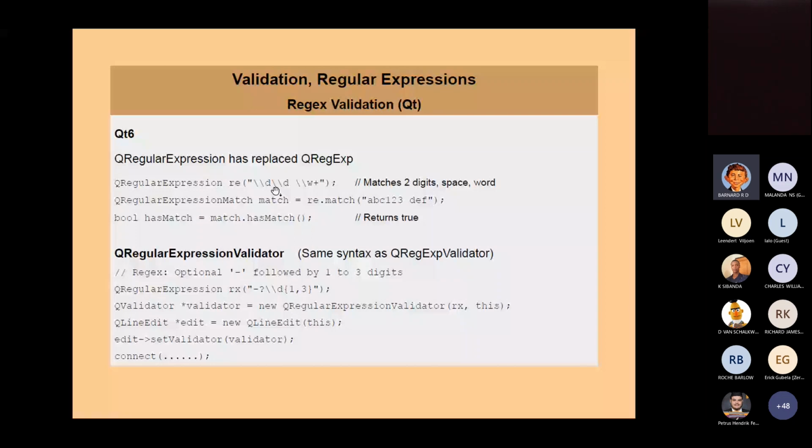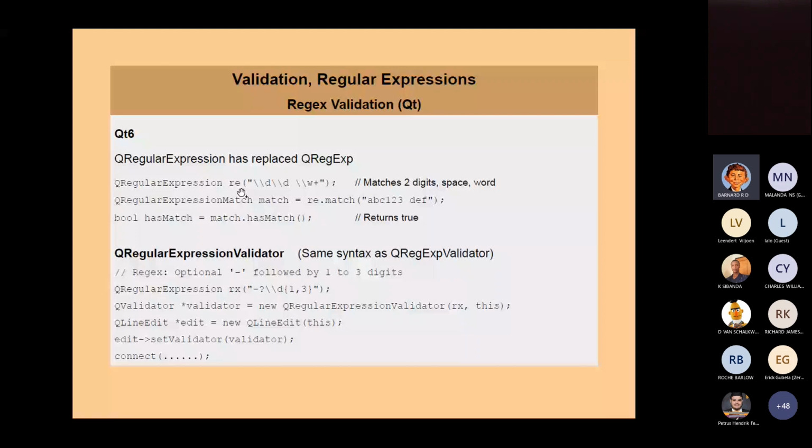So you've got to have double backslashes everywhere. This regular expression matches the 2 digits, the \d, the \d. Then there's a space. Remember, if you leave a space, that will be treated as a literal space. And then the \w, one or more instances of it, is your word characters. So that is how you set up your regular expression.